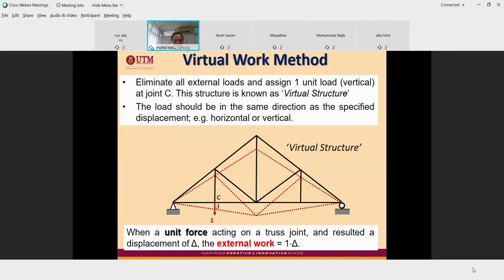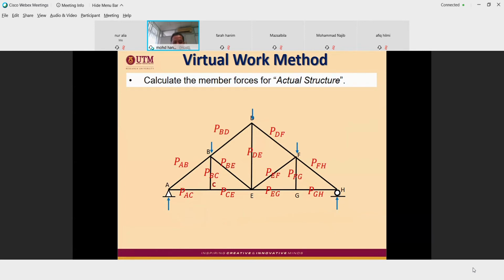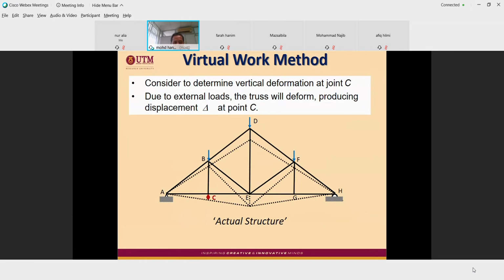Now, when a unit force acts on truss joint C and results in a displacement of delta, the external work is equal to 1 multiplied by delta. This is the external load. What is delta? Delta is actually the actual displacement due to the real load.